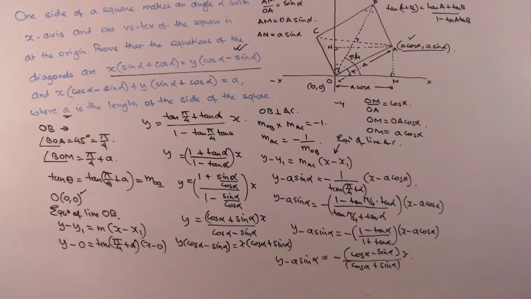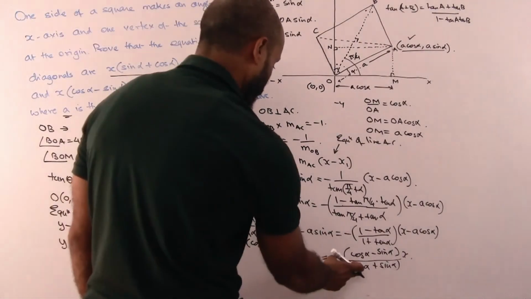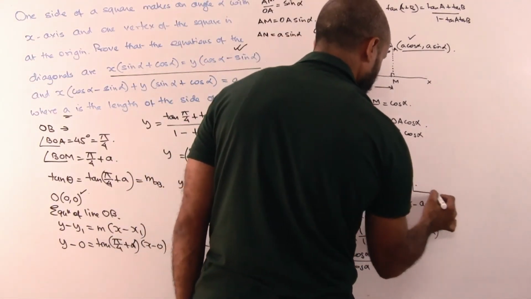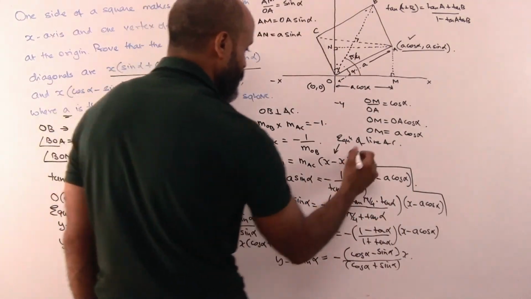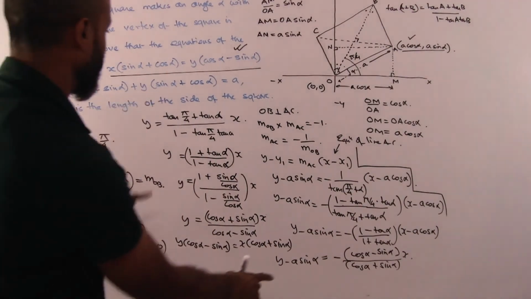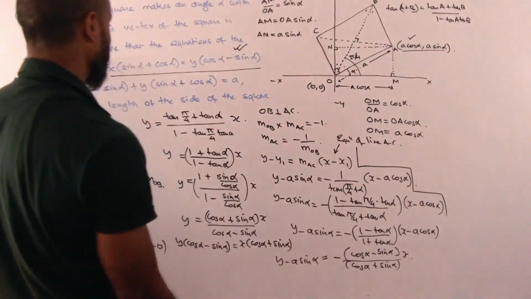So let's quickly do this. Okay, so what do we have here? We multiply this by y, so we get y into cos alpha plus sin alpha.